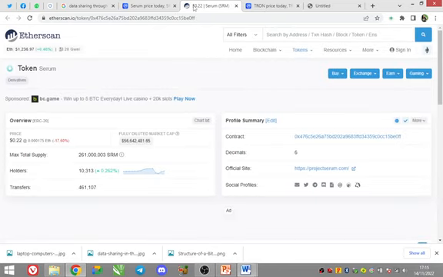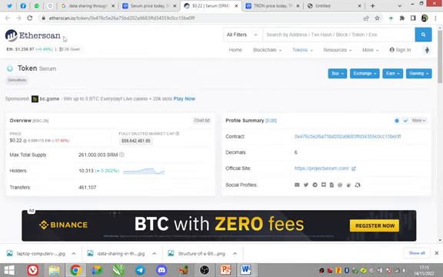Once I click on this Ethereum, it will take me to the Explorer. The Explorer of Ethereum is actually known as Etherscan. That is what you can see here. This Etherscan is the Explorer of Ethereum.